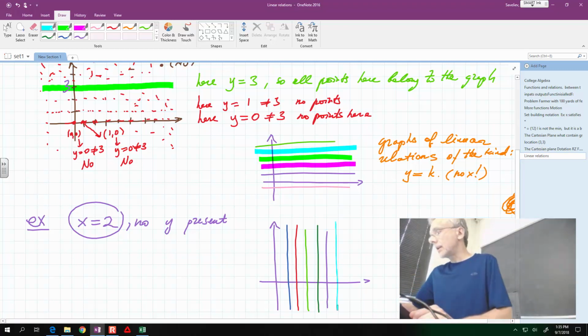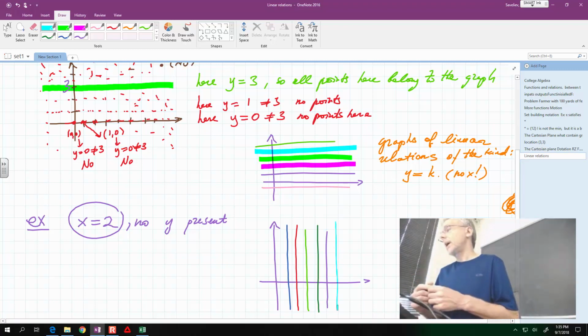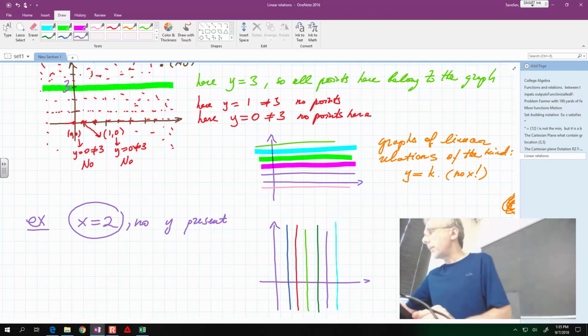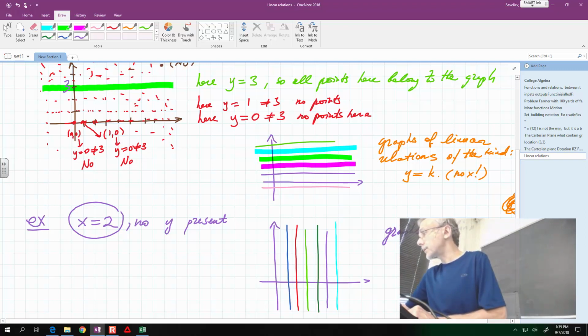It's like a fence made of these vertical lines, but there aren't many of them. So let me first write this. Graphs of linear relations of the kind x is equal to k, no y.